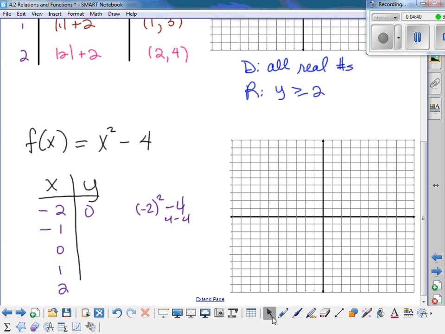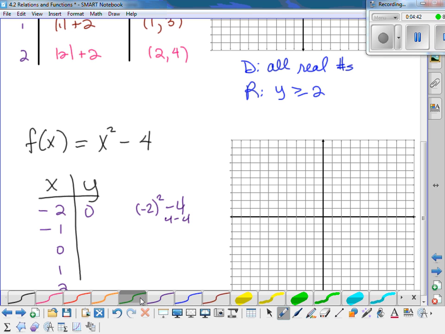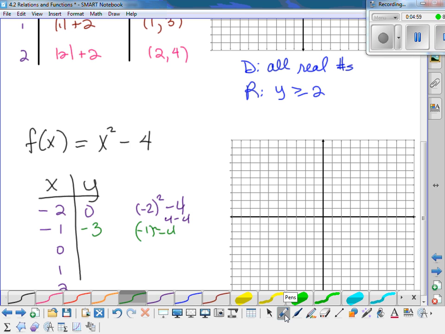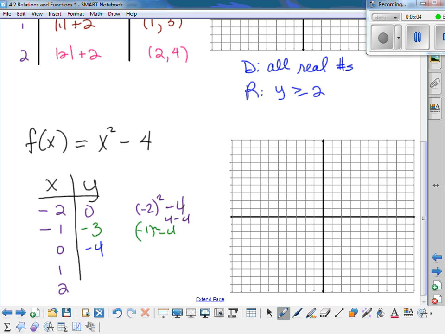Okay, so if I plug in a -1, Curtis, what am I going to get? How about -3? Yeah. Okay, and if I plug in a 0, Teresa, what am I going to get? -4, yes. And if I plug in a positive 1, Sierra, what do I get?